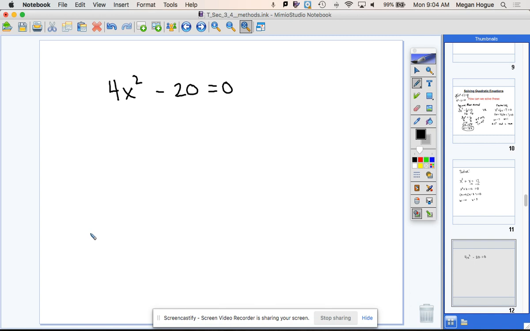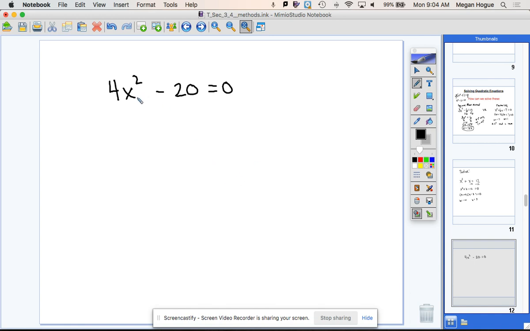Does it have an x by itself? So is that square root or is that factoring? Look at your notes. Did you write that part down? Ellie, can you help him out? That's square root. So if there's no x, that's the square root method.